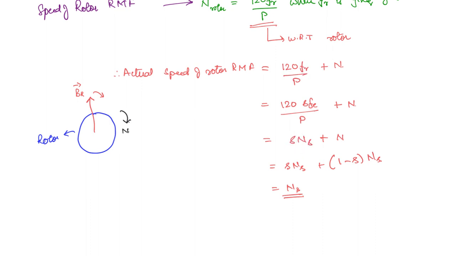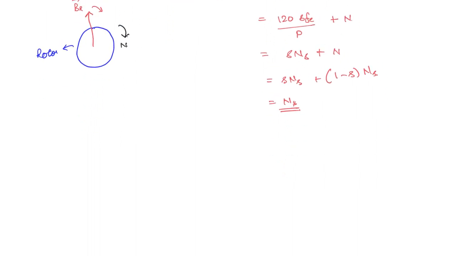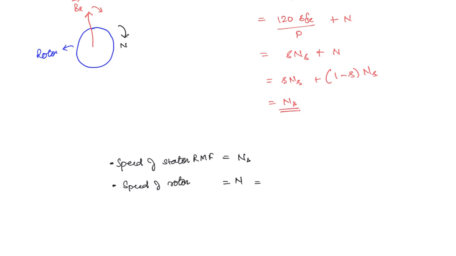Okay. So you can summarize here once again. Speed of stator RMF is equal to synchronous speed. Speed of rotor we are taking as n, which is nothing but 1 minus S into Ns in terms of slip and synchronous speed.